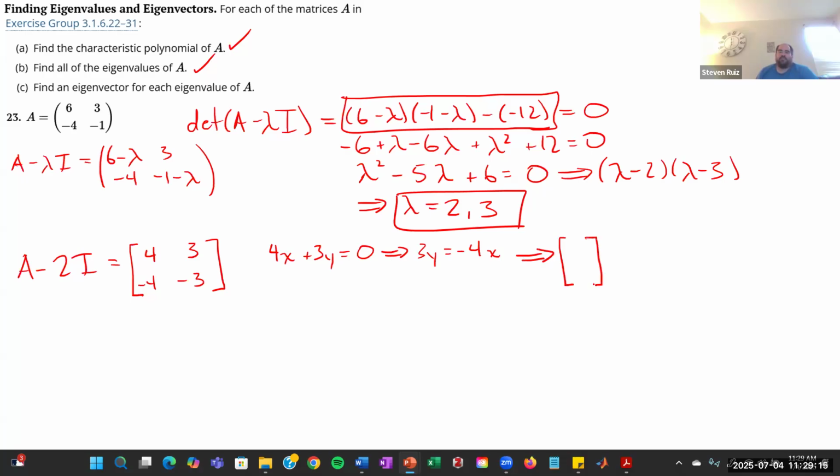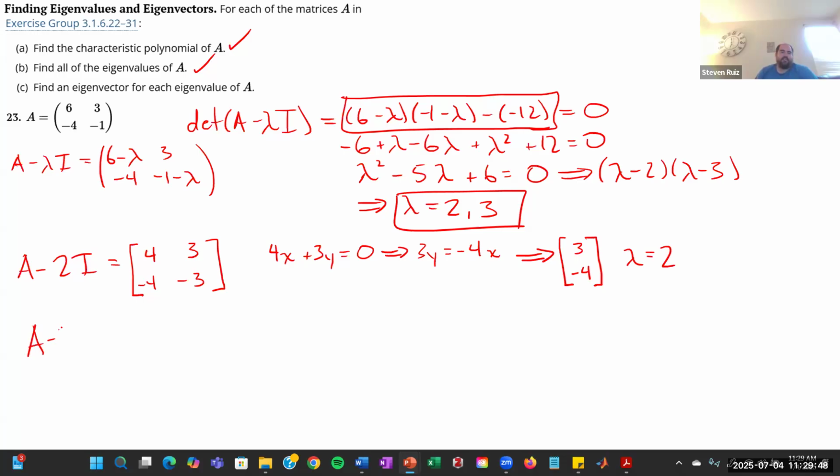Let's come up with something that fits this. I believe that if y is equal to 4, then x could be equal to negative 3. I think that's a good eigenvector. Not the only one, since eigenvectors are never unique, but it is a good one. So when lambda equals 2, the corresponding eigenvector is negative 3, 4, or at least the one that I came up with.